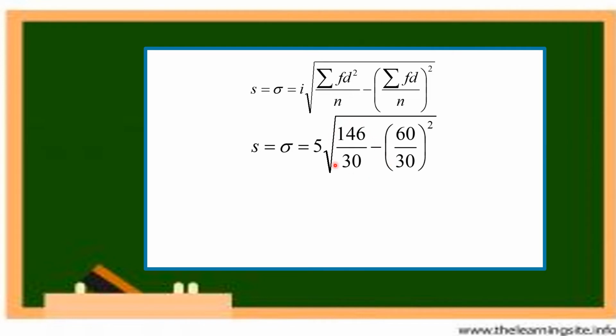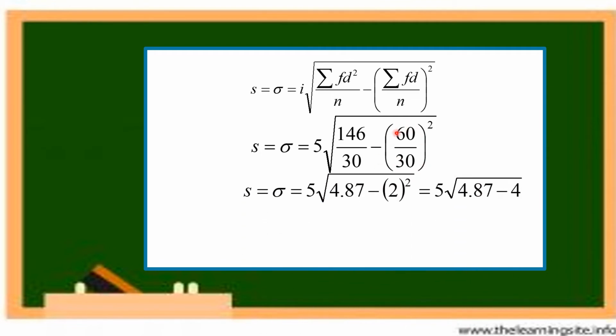First, we divide 146 by 30. And we also divide 60 by 30. What is our result? 146 divided by 30 is 4 and 87 hundredths. 60 divided by 30 is 2, and 2 squared is 4.